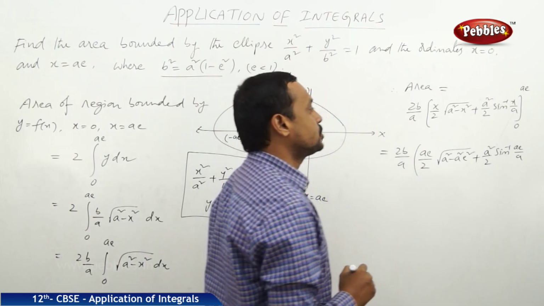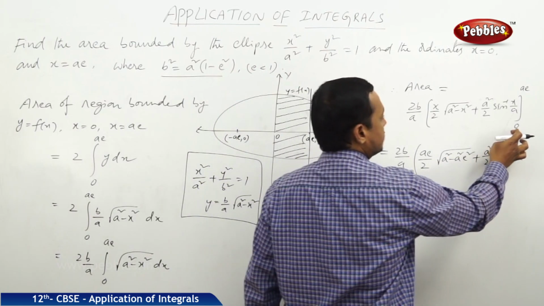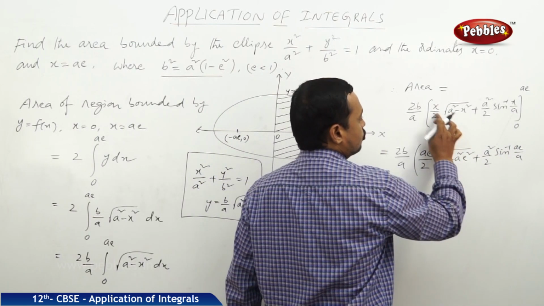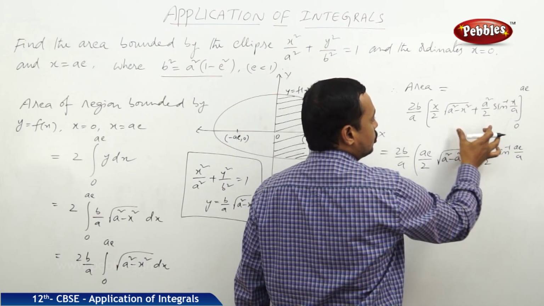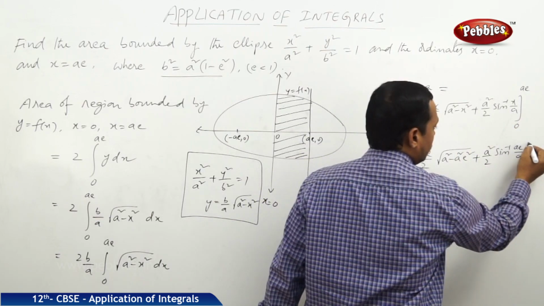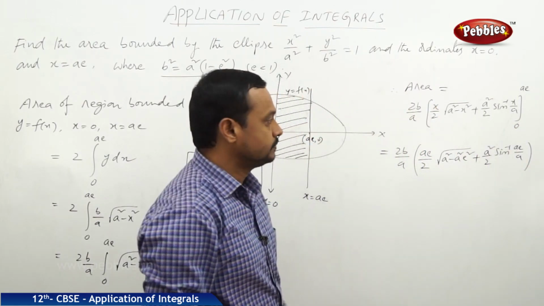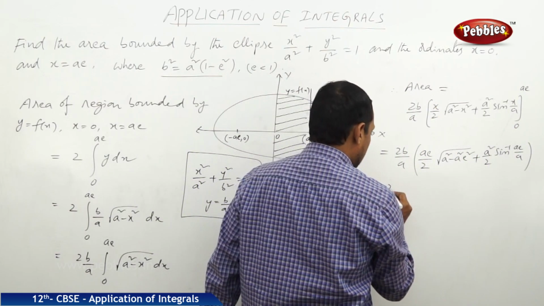When we substitute the lower limit x = 0, this quantity becomes 0, and sin inverse 0 is also 0, so the total part is 0.